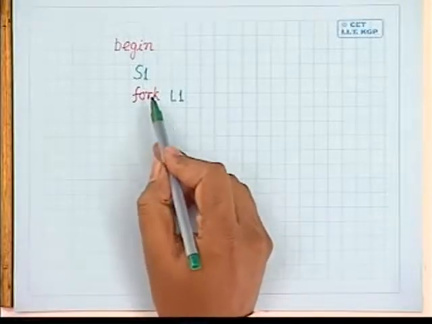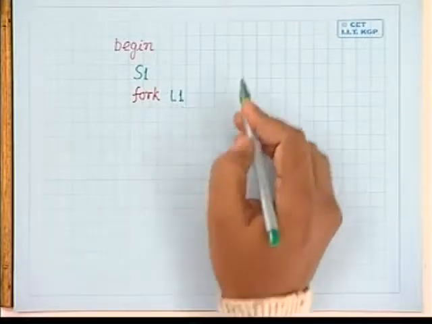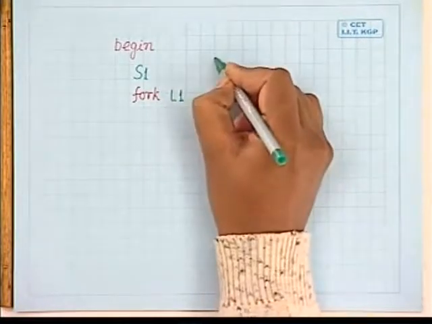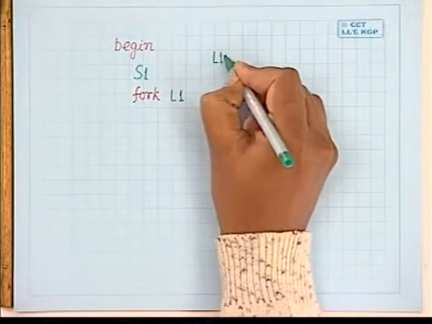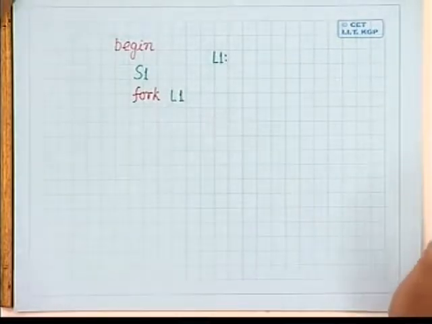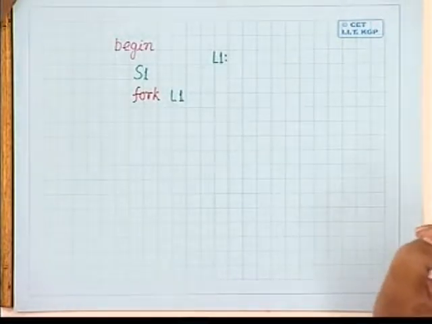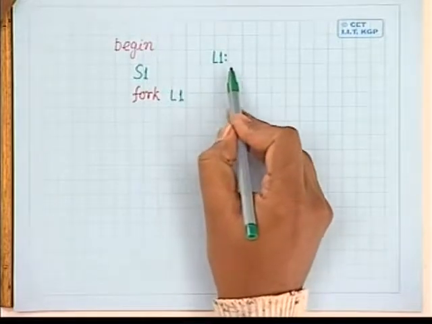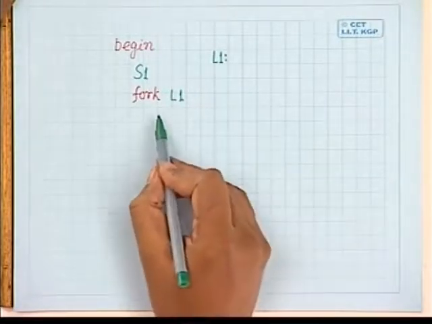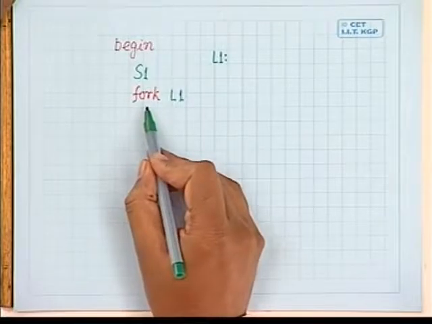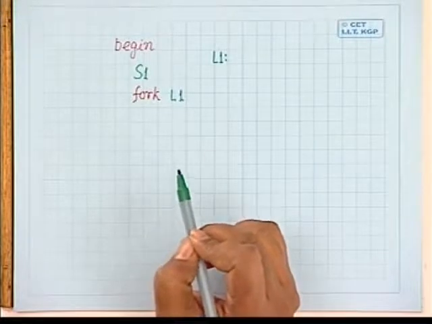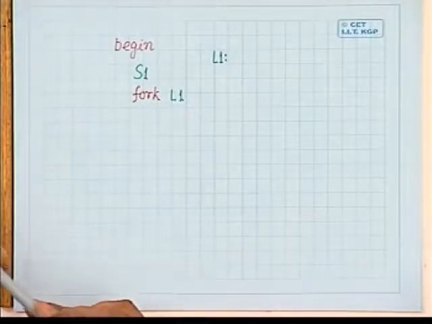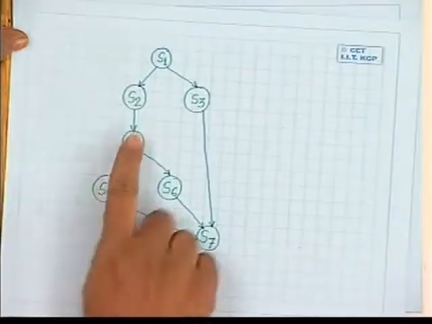Now what does it mean? Whenever I say fork L1, I create an additional process. One process will start execution from the statement at label L1, and the other process will continue with the statement following this fork statement. As per our precedence graph, we have to create two processes.